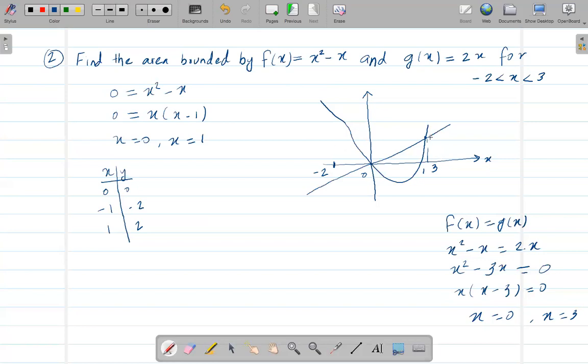But anyway, now we are trying to find the area enclosed by these two functions between -2 and +3. So that means I need to find the area of these regions, right?